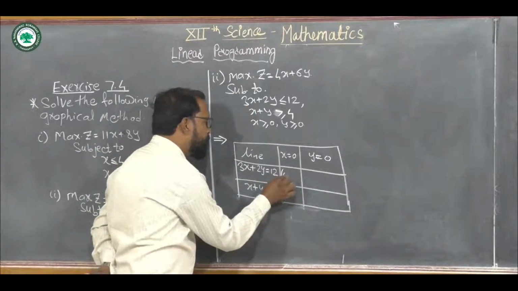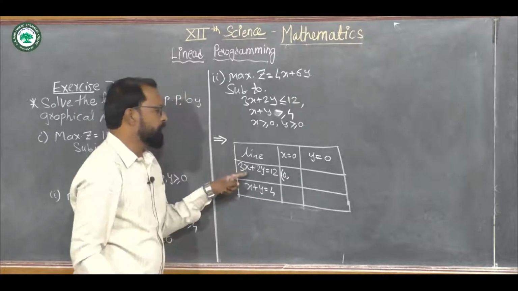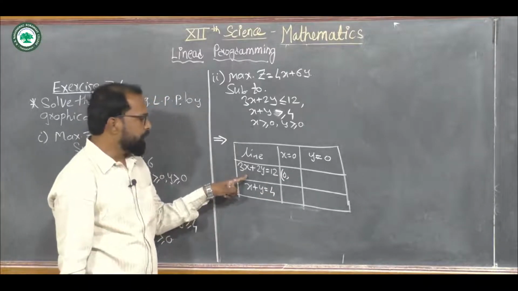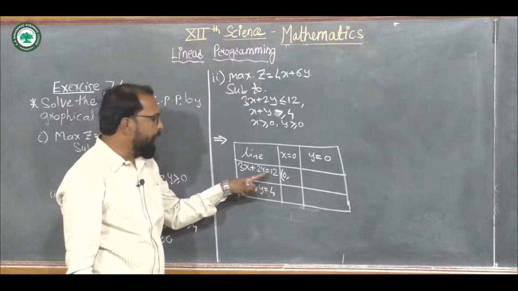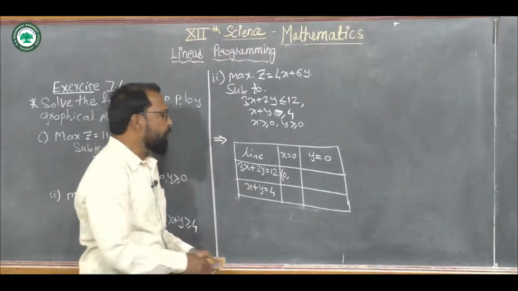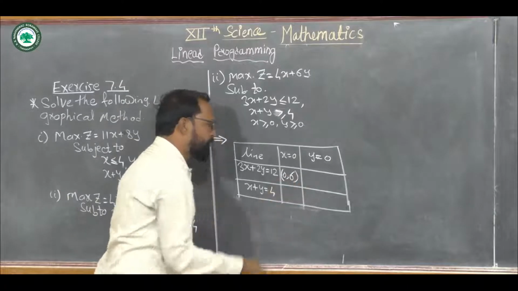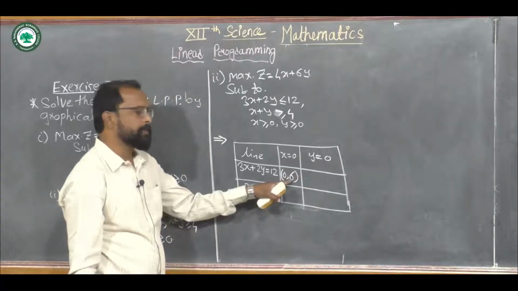Now when we put x equals 0 in this equation, it gives 2y equals 12, which means y equals 6. So we get the first point 0, 6.